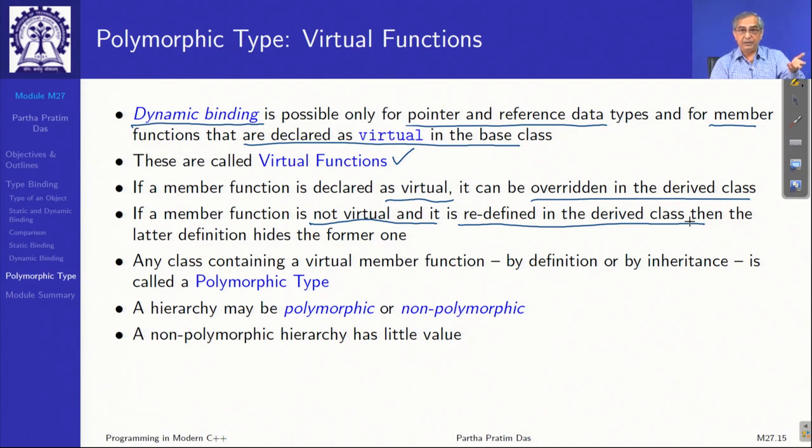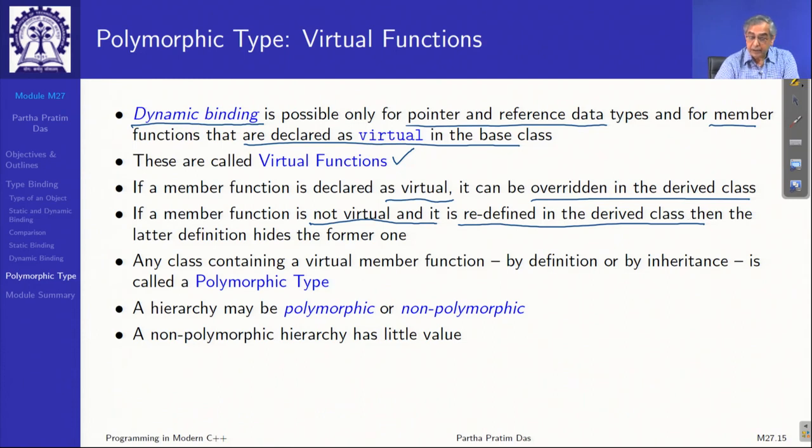We have already seen that, right? By overriding you actually lose the earlier definition, unless you explicitly use using and want to use it, but there are complications if you try to do that often. But in dynamic binding, that is the mechanism where you are overriding, and all of the overridden virtual functions from the base to the current class will be available based on the actual type of the object that is being used in the invocation of the function through the pointer or a reference.